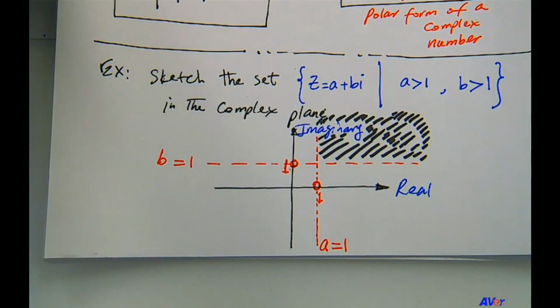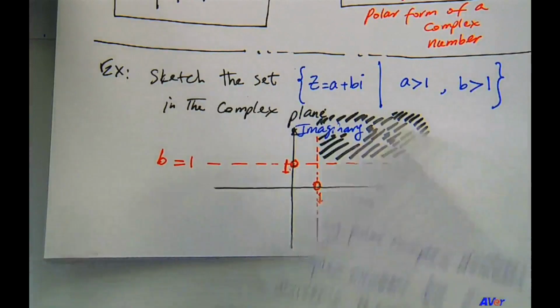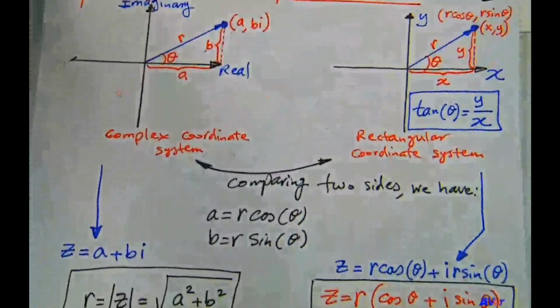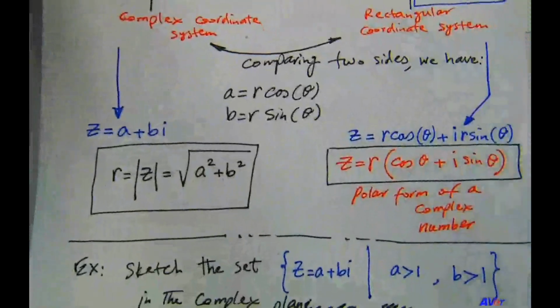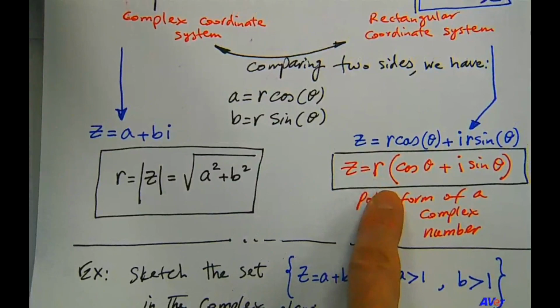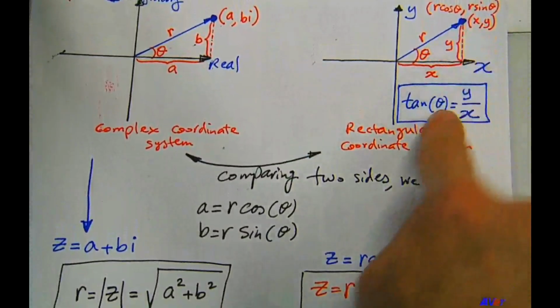Okay, now we're going to use these formulas that we learned about, these three: the formula for the modulus, the polar form of a complex number, and tangent theta equals y over x.